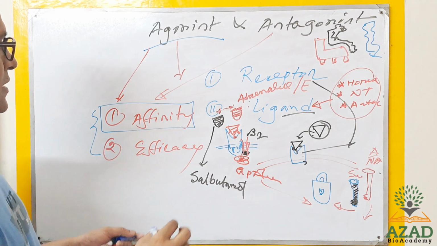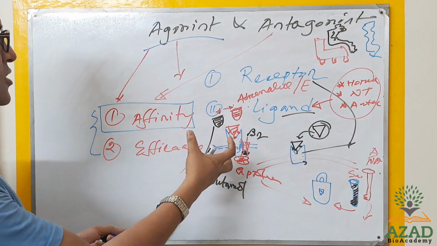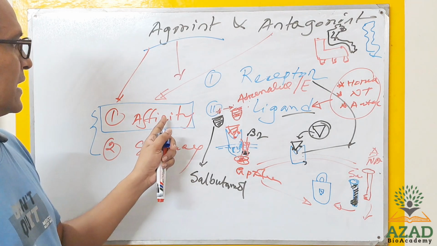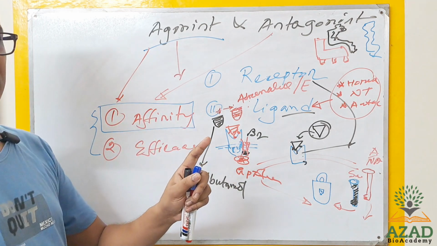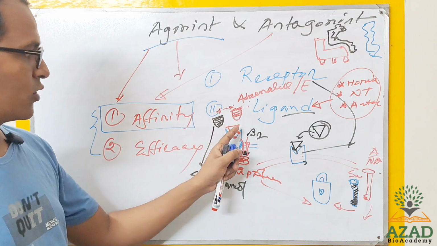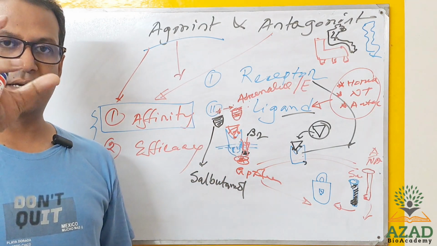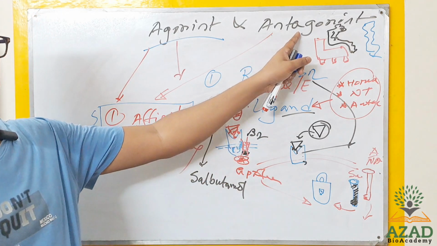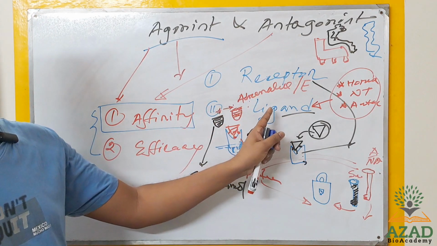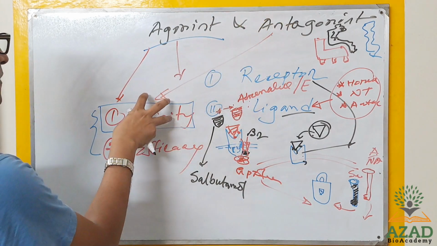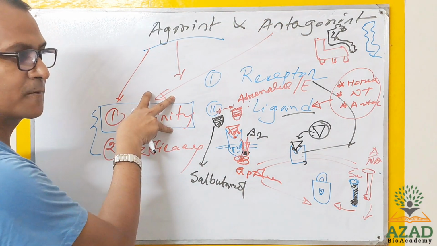That means the structure is roughly similar to the agonist, so it meets the criteria to form a bond with the receptor. The size of the antagonist fits the binding pocket just like the agonist. So the antagonist has affinity.